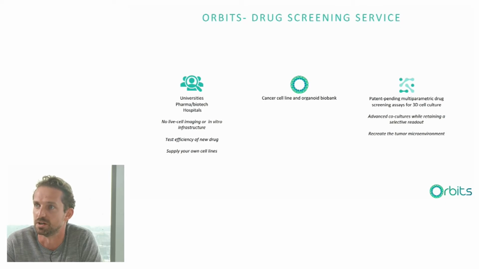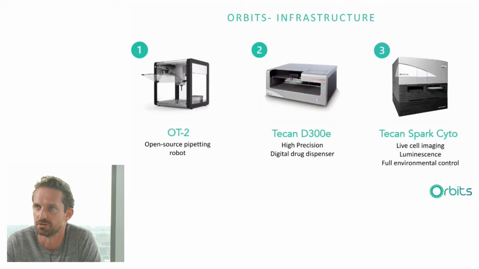We offer patent-pending multi-parametric drug screening assays where we aim to recreate the tumor microenvironment but still retain a selective readout for each cell type in the co-culture. This is all supported by a state-of-the-art infrastructure, being an open-source pipetting robot, drug printer, and the TECAN Spark Cyto, which is a live cell imaging instrument with also luminescence capabilities and full environmental control.